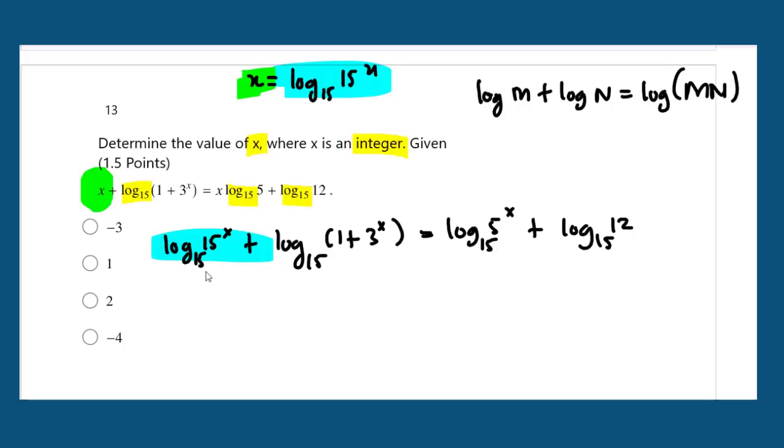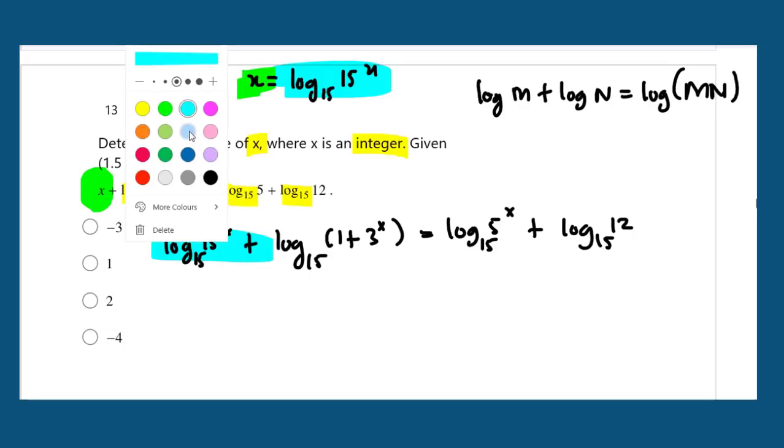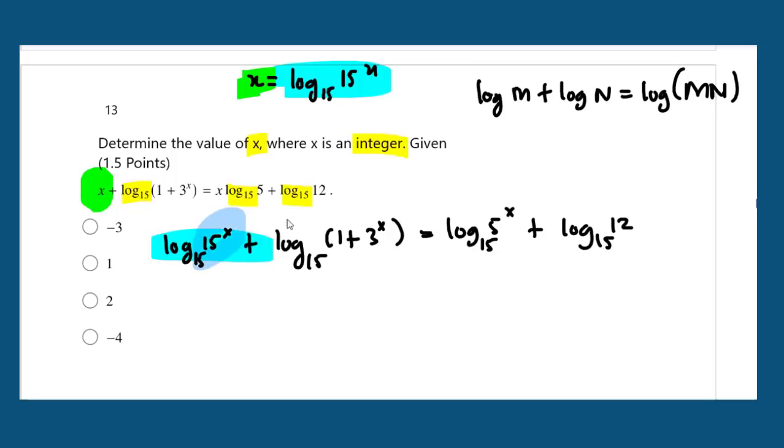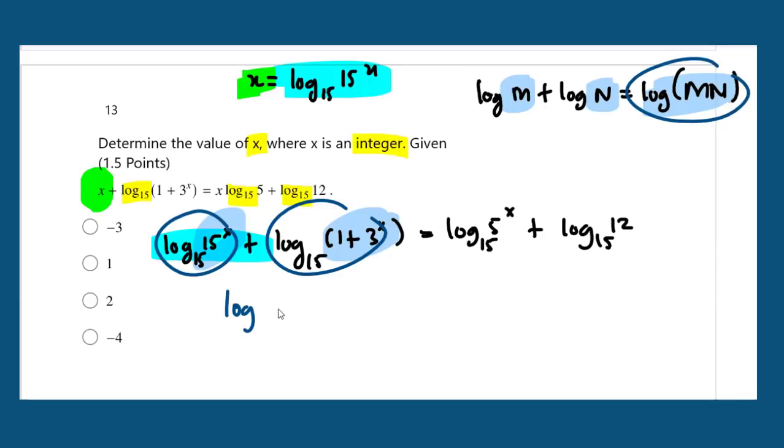Okay, so now simplify. This one, consider m and n. Going to change to this form using the law of log, so two logs change to one log. Log m times n, 1 plus 3 power x.